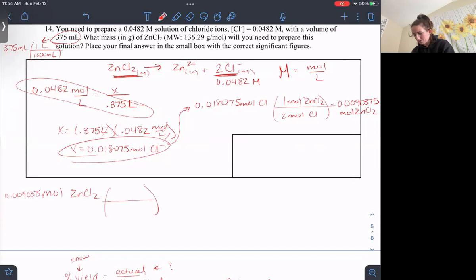And then we can use our molar ratio, and we can do 1 mole is equal to 136.29 grams. Okay, and what do we get for grams here? Awesome.